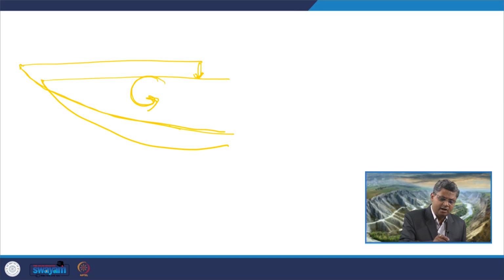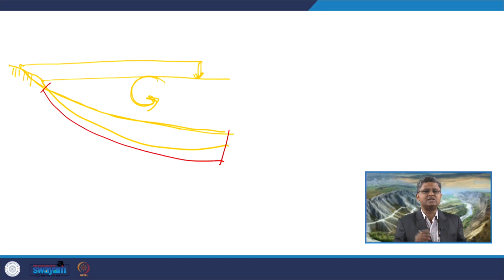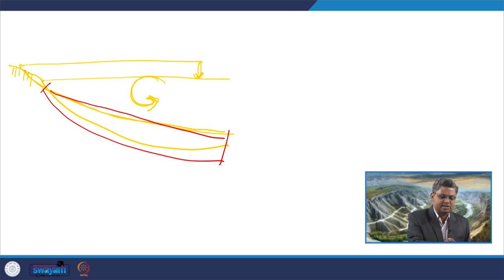So, what is happening now? This part is exposed to subaerial erosion. So, subaerial unconformity will form, whereas this entire part is now affected by this wave reworking process. So, in such cases the original substrate, this is the original substrate, is completely removed from the system, it is not preserved at all.